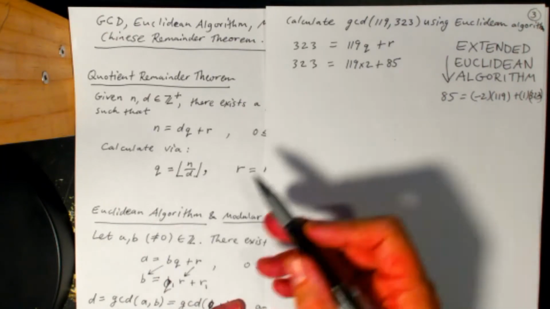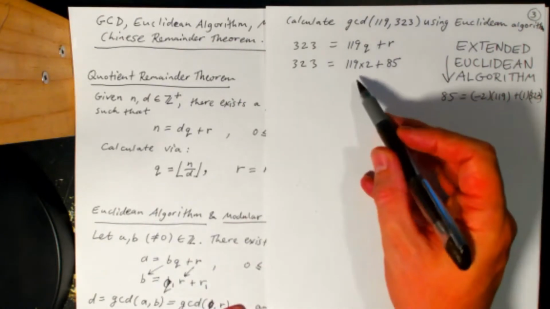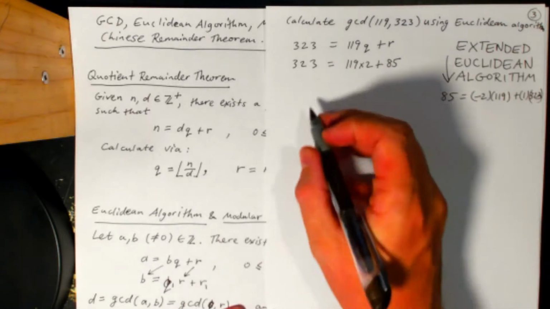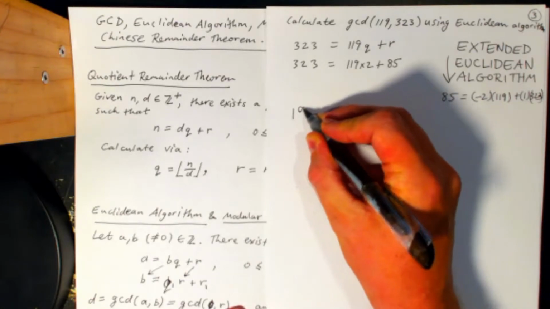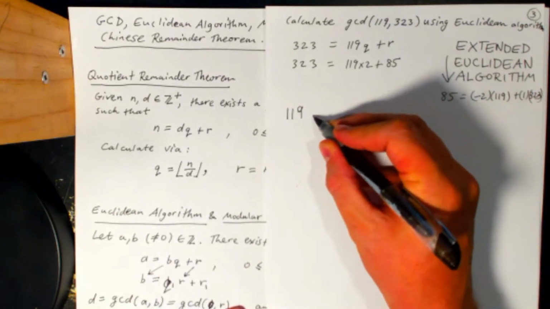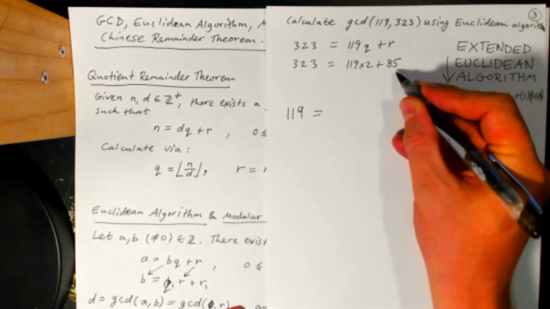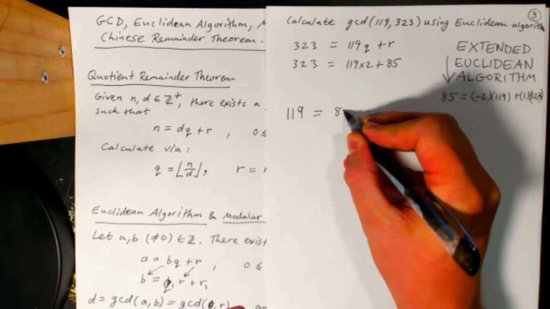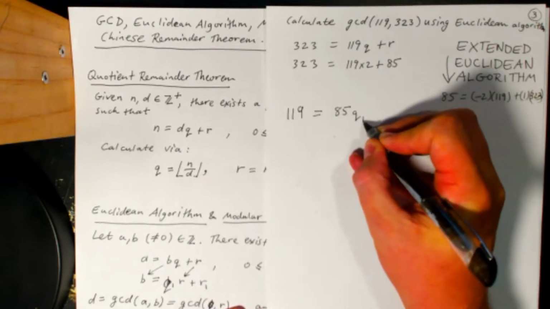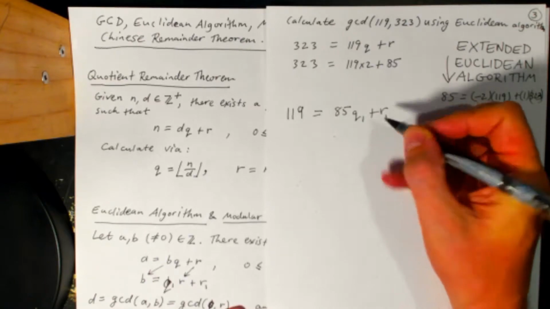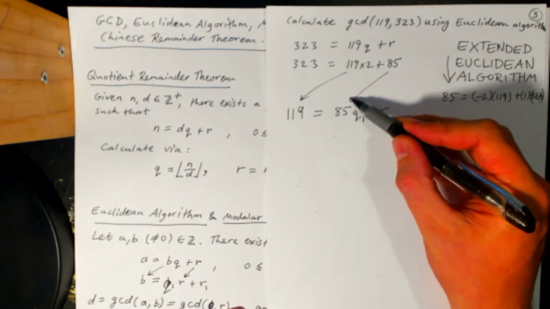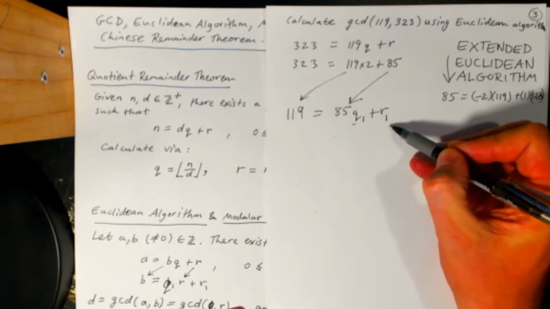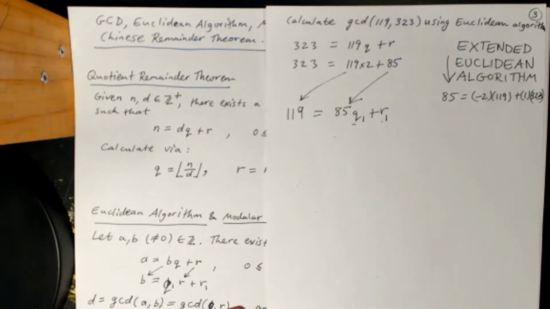All right, so next, remember what we do is we bring this 119 over. And then we say that that's equal to bringing the 85 over, 85 times Q1 plus R1. We've taken that 119 over, we've taken the 85 over, and we seek a new Q and a new R, a new quotient and a new remainder.